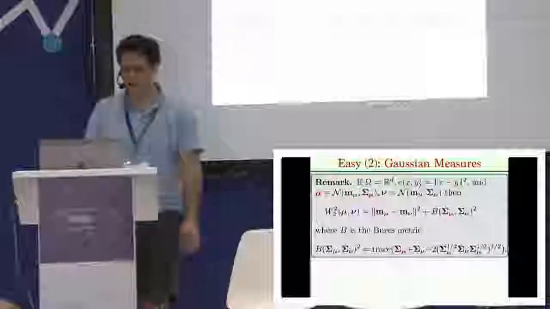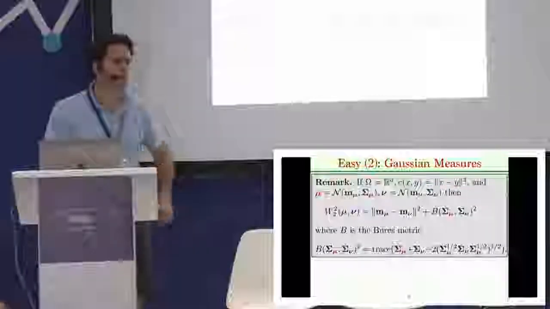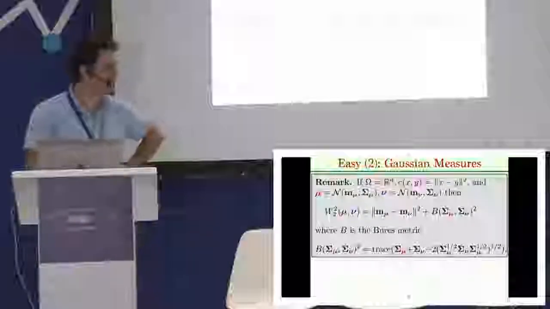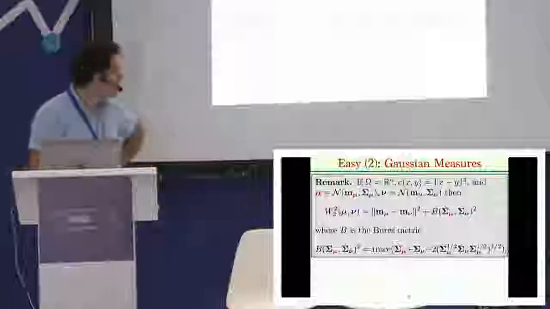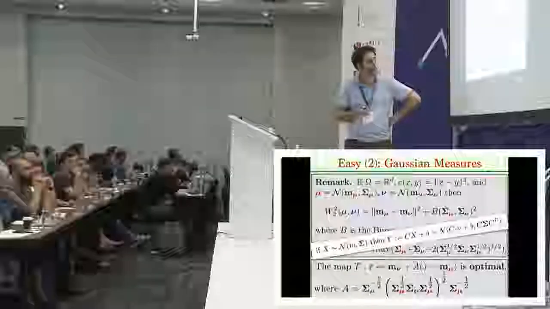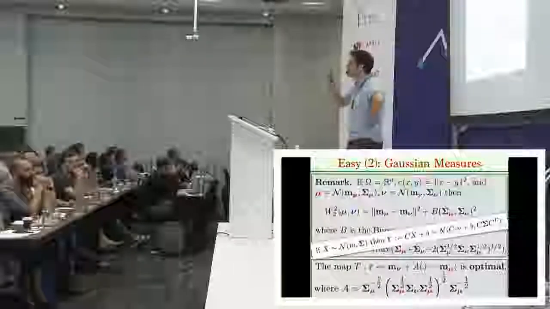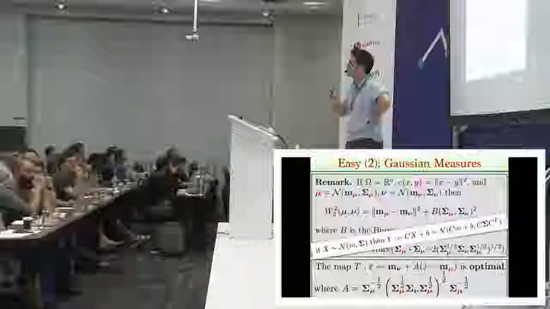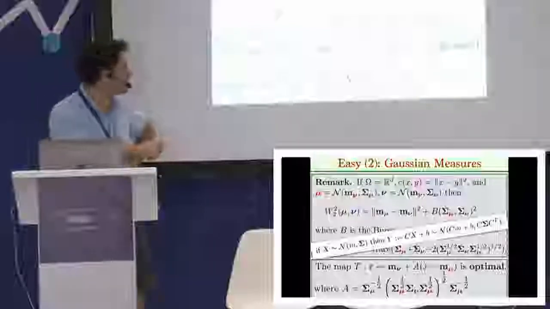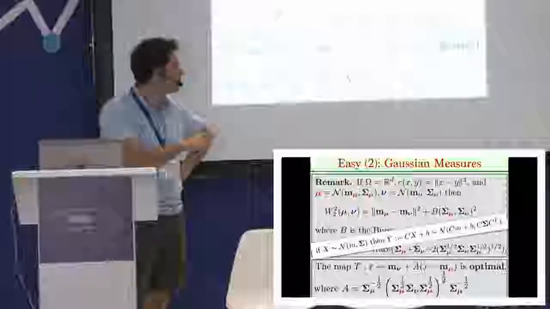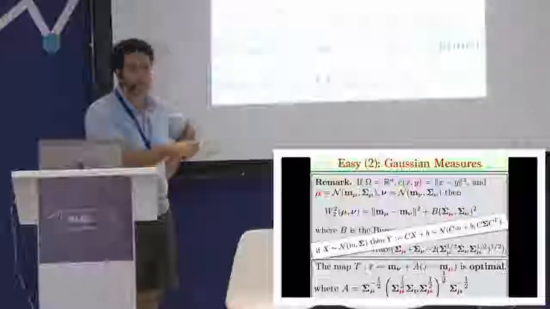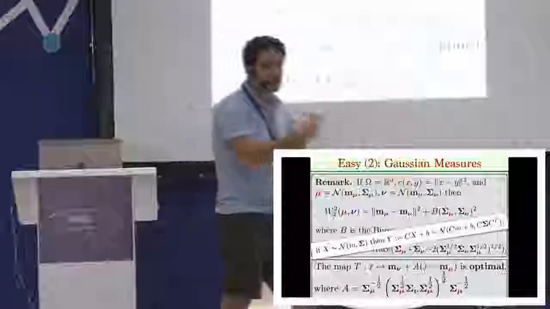The way you can prove this is actually not very complicated. It doesn't play out very well on the screen, so I will not spend much time on this. But here is the deal. You have one Gaussian and another Gaussian. What we know is that when you have a Gaussian random variable and you apply a linear map to it, let's say X is Gaussian with mean m and covariance sigma, and Y is C times X plus b, with b a vector and C a matrix, then you still have a Gaussian.